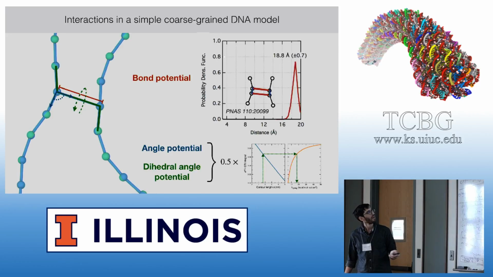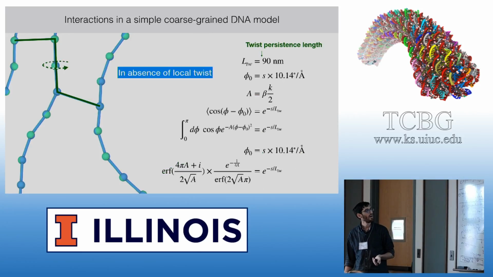So then the last thing is that some of our models don't have these orientation beads, and in that case, we try to capture the twist stiffness of the DNA by having a dihedral angle potential between crossovers.